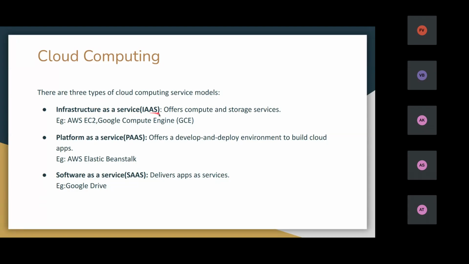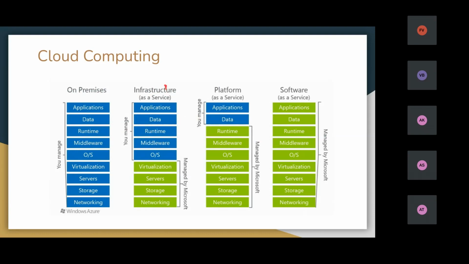Then in infrastructure as a service, it will offer compute and storage services. This is infrastructure as a service. Here this diagram is of Azure. Here we can see the virtualization, server, storage, and networking is managed by Azure itself, and we only have to manage the OS, middleware, runtime, data, and application.